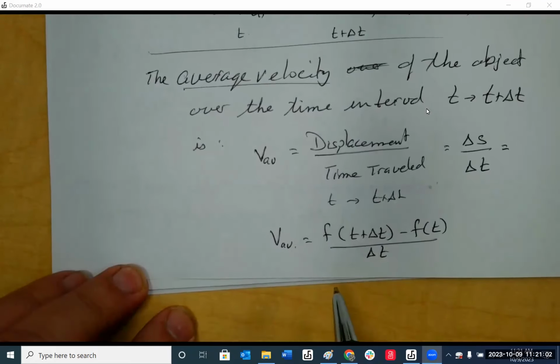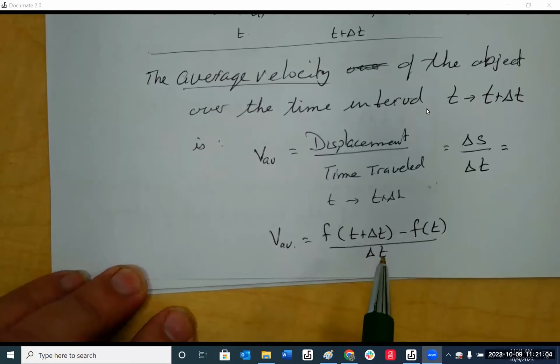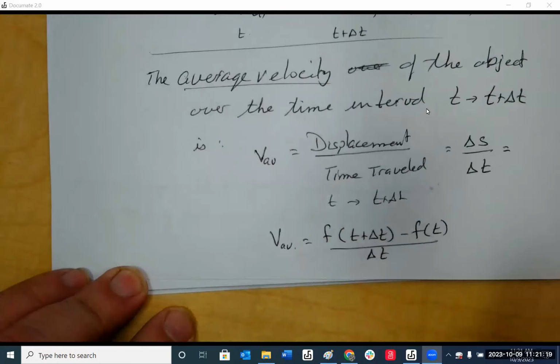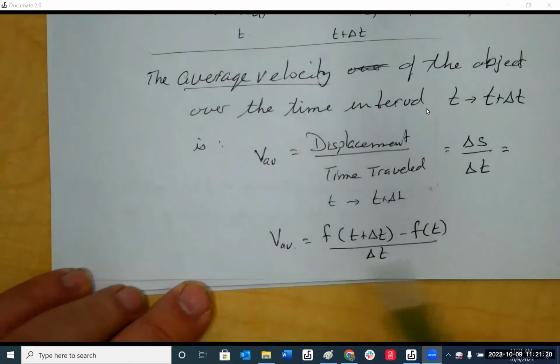Remember, this is the average velocity. How would we find it at an instant? What do we have to do to find it at an instant? Yes, we have to take the limit of this as delta t goes to 0. So the difference quotient is our average velocity.